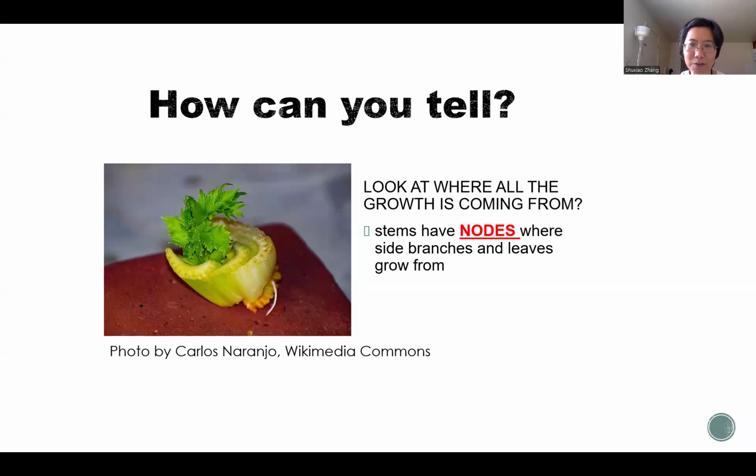And the reason you can tell is you had to trace where all the growth is coming from. So again, if you break off all the stem of the celery, you notice all of them is attached here at the base. And that is where the stem is, because stems have nodes where all the side branches and leaves grow from.